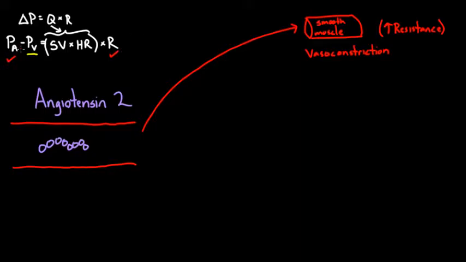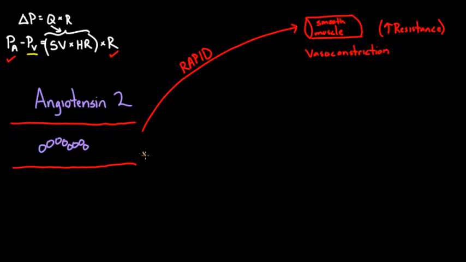So it makes perfect sense using the formula, and you can see now how angiotensin 2 accomplishes that. The last thing I should mention before I move on is that this is a pretty rapid response. So very quickly, the blood vessels will start constricting if angiotensin 2 is around.